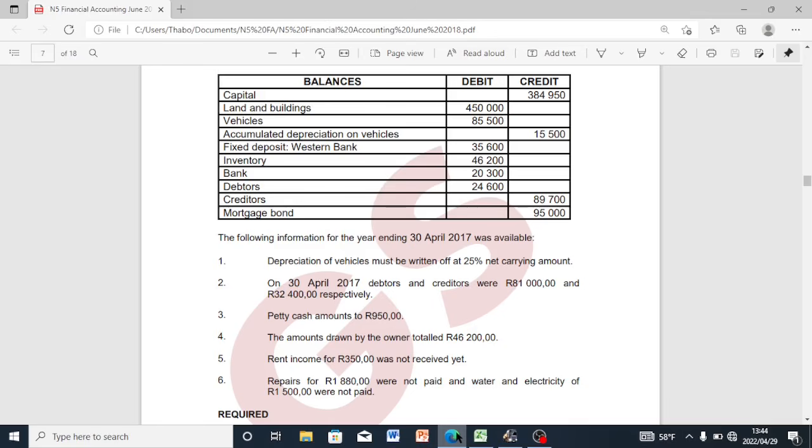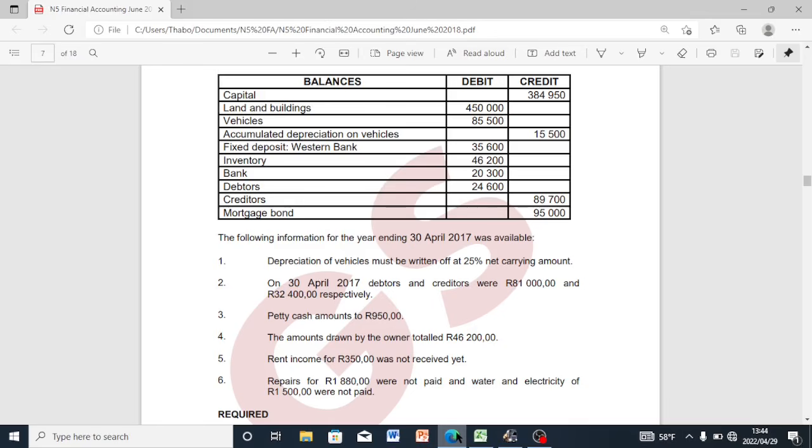Before, we were also looking at our income received in advance. Now our income received in advance is no longer recorded on our payables note. It's now recorded under our current liabilities as income received in advance.